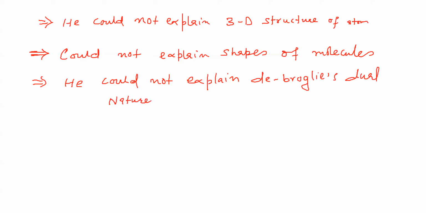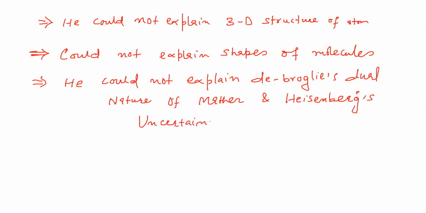So he could not explain de Broglie's dual nature of matter. And another is Heisenberg's uncertainty principle. These are two very important topics which we will study ahead. So remember that the limitation of Bohr's model is that he could not explain de Broglie's dual nature of matter and Heisenberg's uncertainty principle.